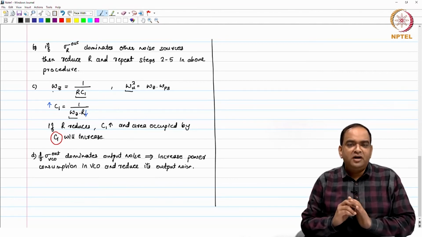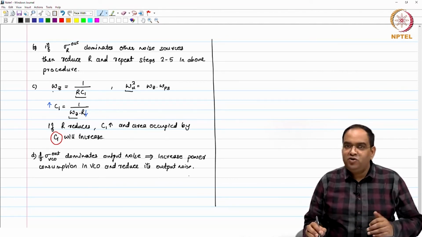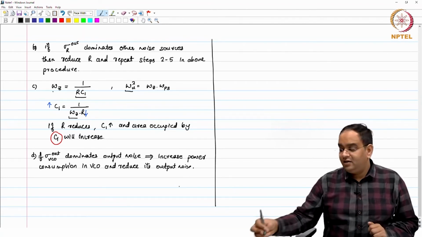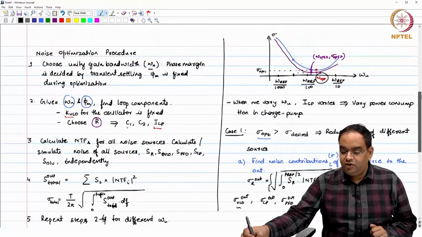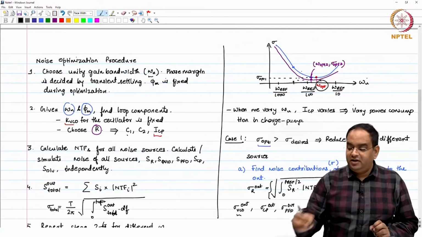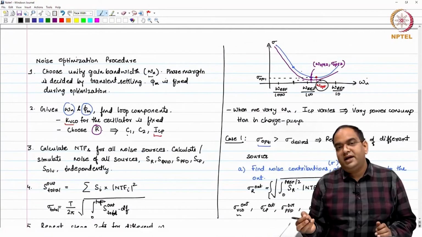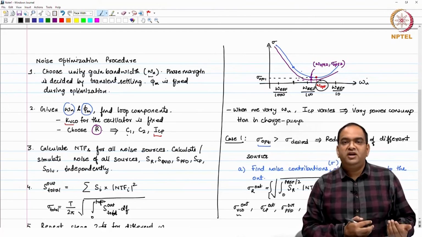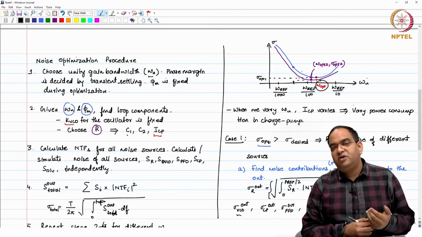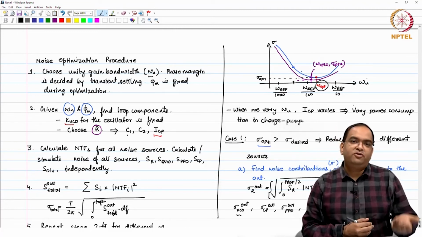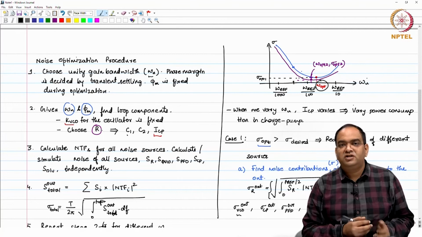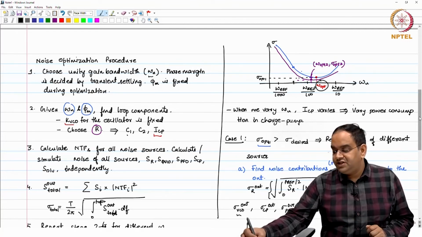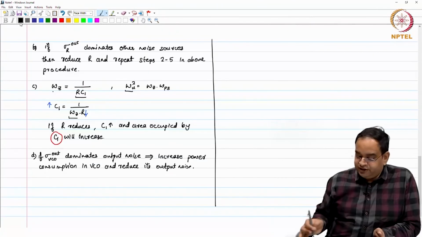So you do that, get the phase noise of the oscillator, go back to your jitter versus sigma plot and do it again. You may find that you meet your requirements. If you meet the requirements, well and good. If not, then you have to again increase the power consumption in the oscillator and reduce the output noise. Okay. So that is what we need to do when VCO noise dominates.